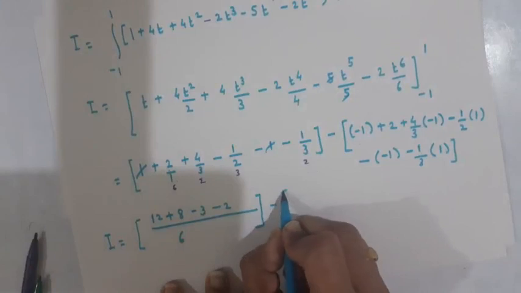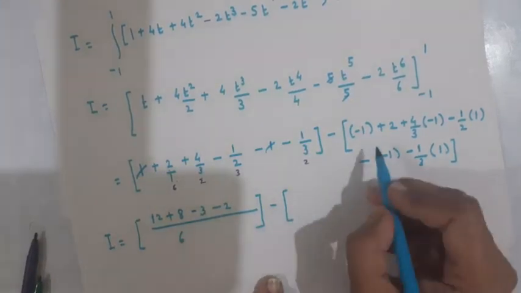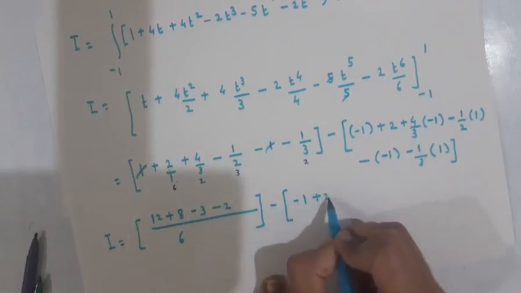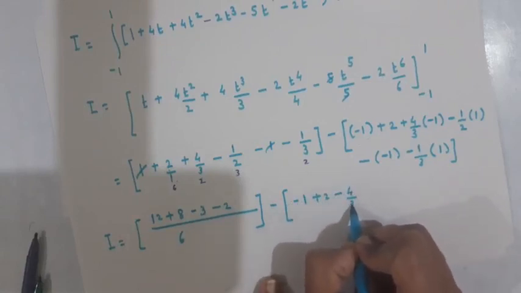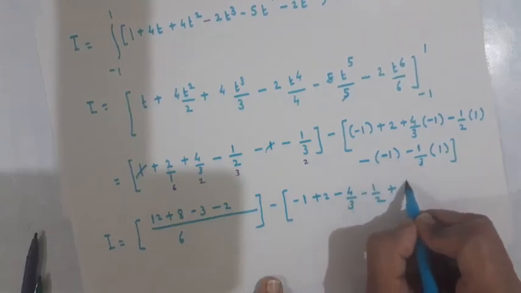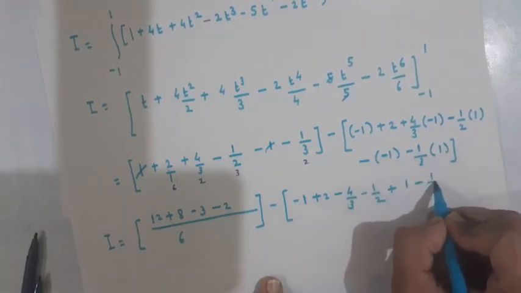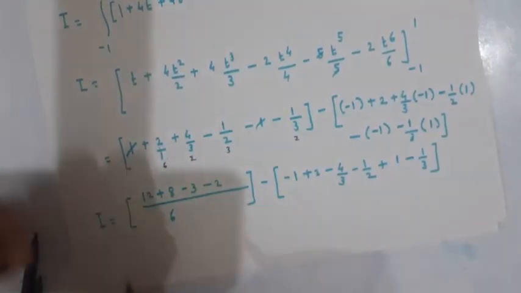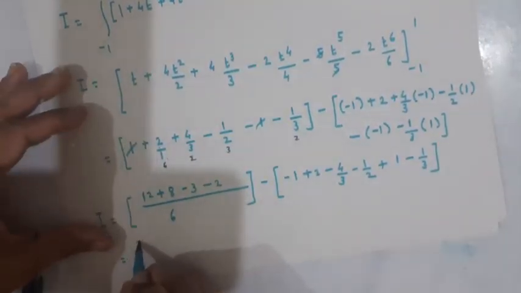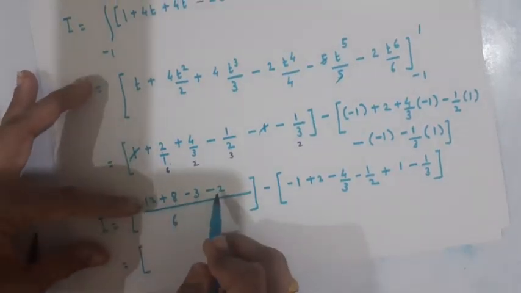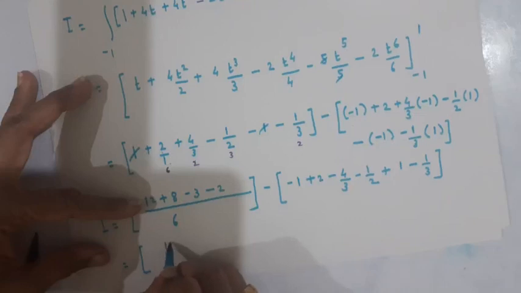Now by putting lower limit, the values are, that is minus 1, plus 2, minus 4 by 3, minus 1 by 2, plus 1, and minus 1 by 3. Okay students, so let us solve it. Its calculation is, that is 12 plus 8, 20, 20 minus 5, and that is 15 by 6.